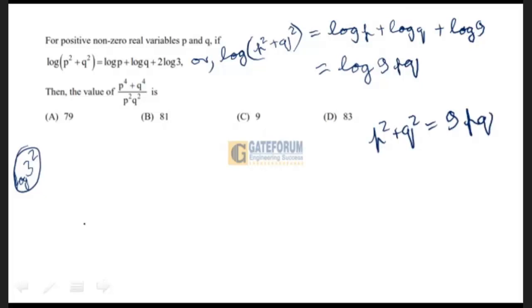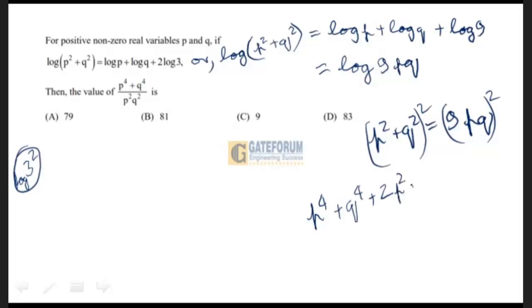Let us square both the sides. If we square both the sides, then P to the power 4 plus Q to the power 4 plus 2P square Q square will be equal to 81 P square Q square.